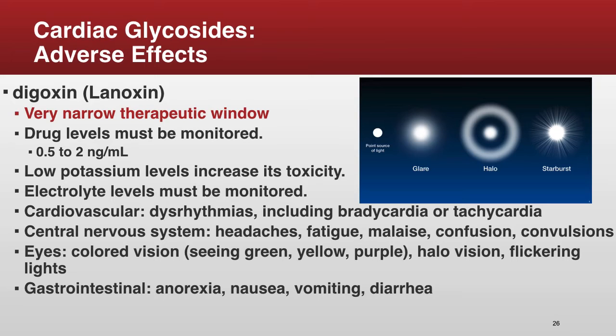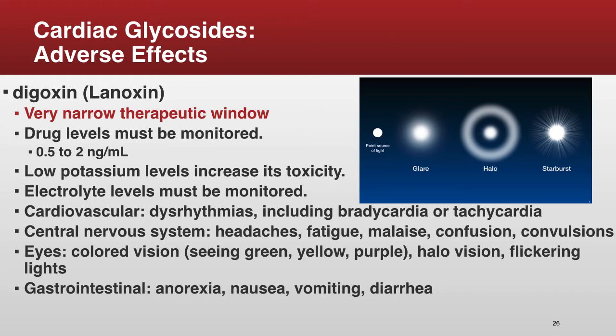What do we need to know as far as adverse effects of cardiac glycosides? Well, digoxin, also known as Lanoxin, has a very narrow therapeutic window. And if you remember back to those first chapters in pharmacology, when there's a very narrow therapeutic window, then we need to monitor drug levels because it doesn't take very much to get us outside of that window of therapeutic levels.